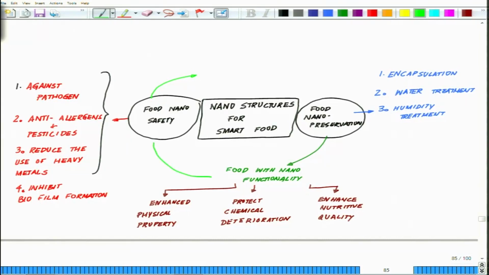Similarly, when we talk about food nano packaging, these are all an interlinked circle. These are some of the functionalities derived out of it. One is intelligent sensing of nano coated packaging.